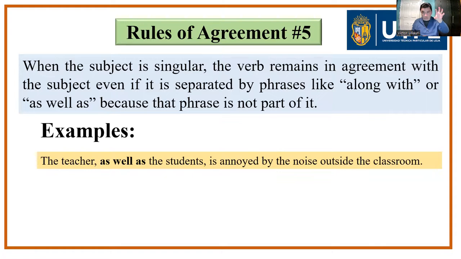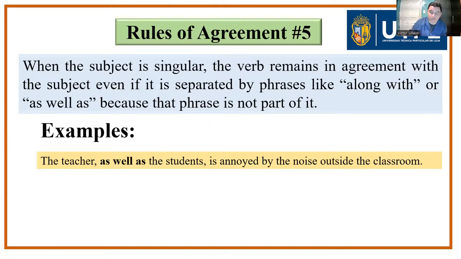We're talking about the teacher. The students are given as extra information. So therefore, the verb is going to stay singular because we're talking about the subject, in this case, the teacher. The teacher, as well as the students, extra information, is annoyed by the noise outside the classroom.